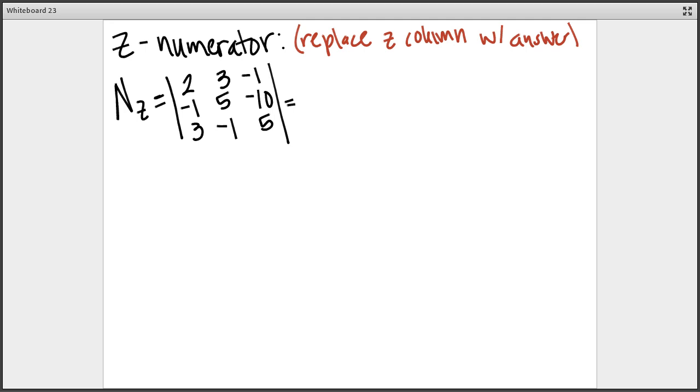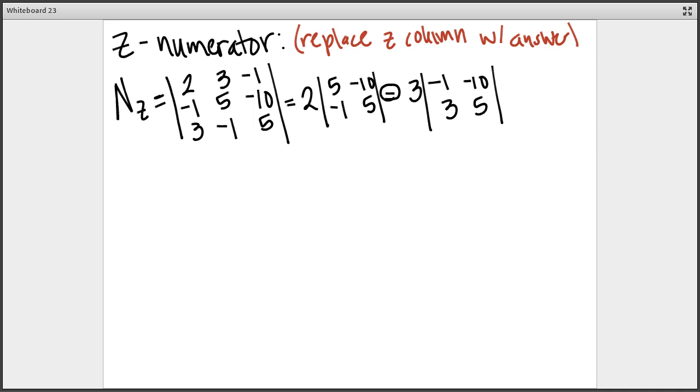Okay, so we're going to use a 2 times the determinant of 5, -1, -10, and 5. Don't forget it's a minus the 3 times the determinant of -1, 3, -10, +5, and then a plus, but then it's a -1 times the determinant of -1, 3, 5, -1.